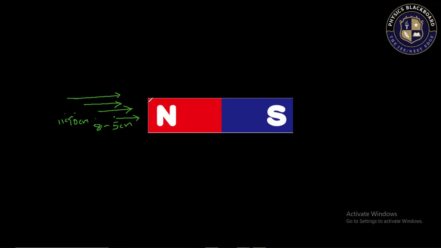A magnet can apply force on the iron nail up to a certain distance, let's say up to 10 centimeters. If you place the iron nail beyond that distance, it cannot attract it. The reason depends on the magnetic strength of this bar magnet.